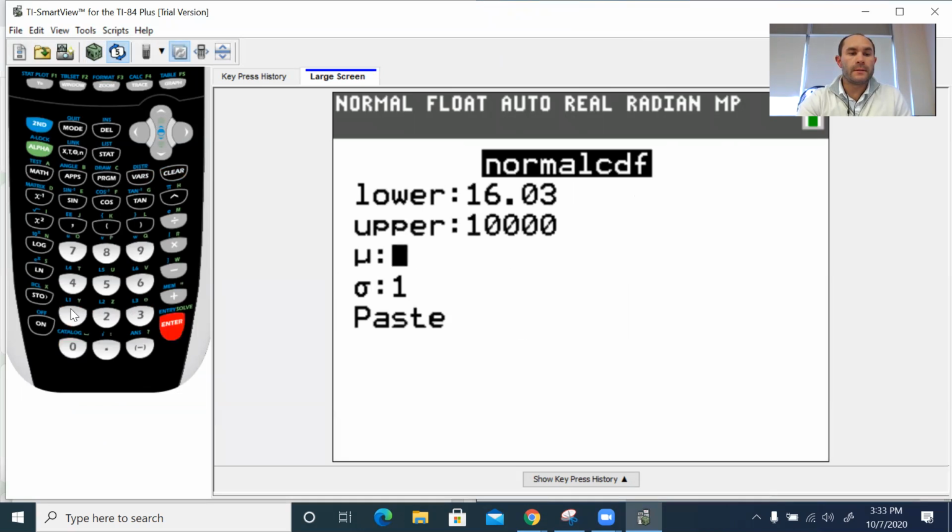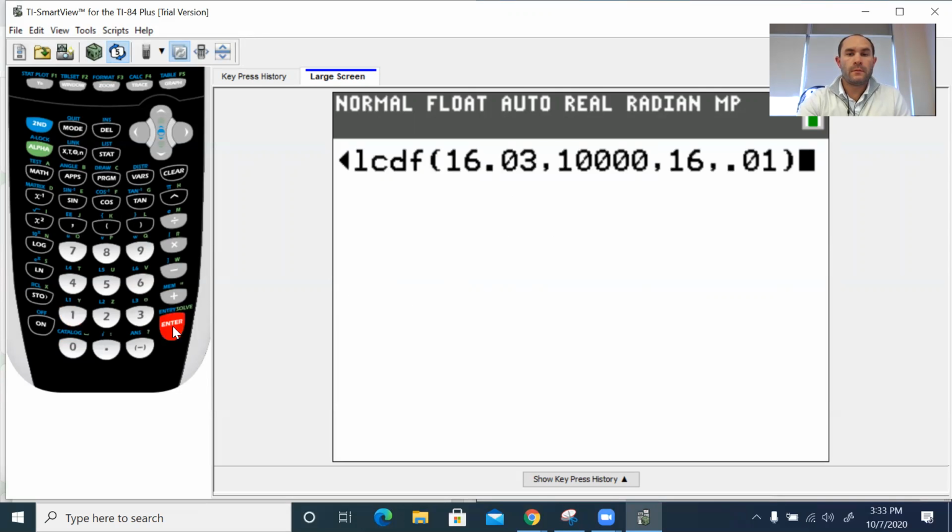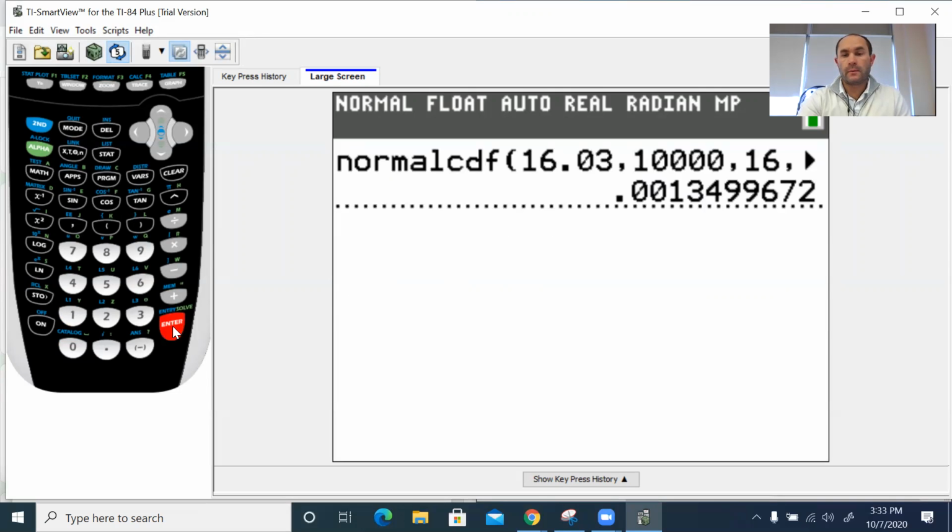The mean is 16. Standard deviation is 0.01 ounces. There you go, about 0.013. So it's a small amount. The reason your calculator is slightly different in this number is because the empirical rule is a rough approximation. It's a good approximation, but it's rough. So either one of those is acceptable.